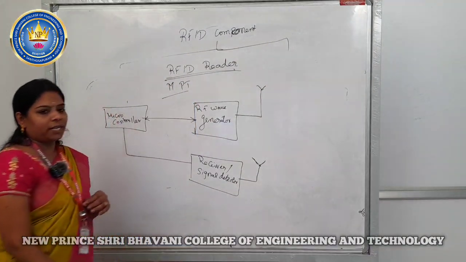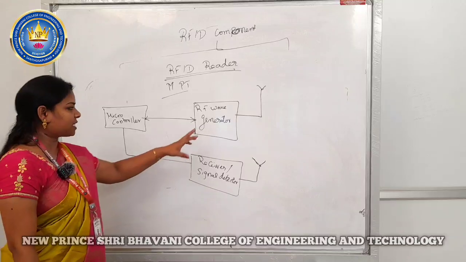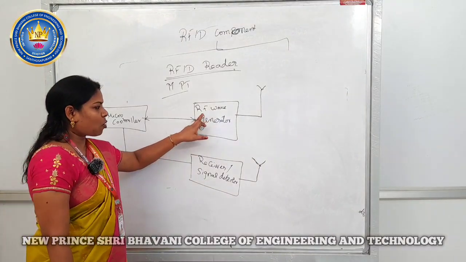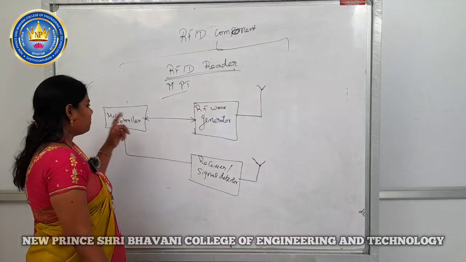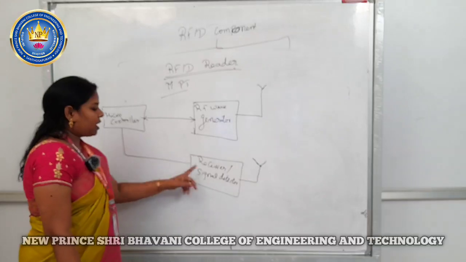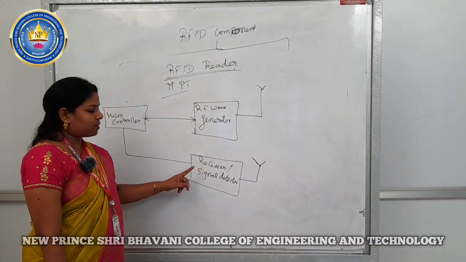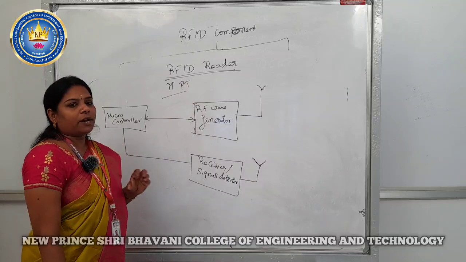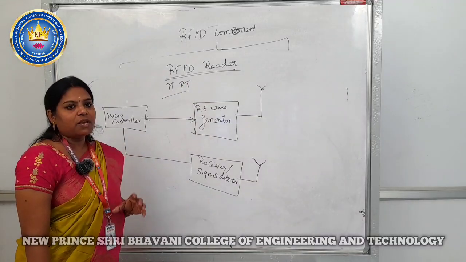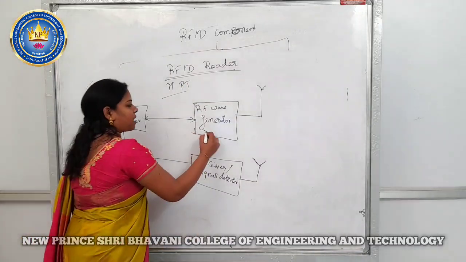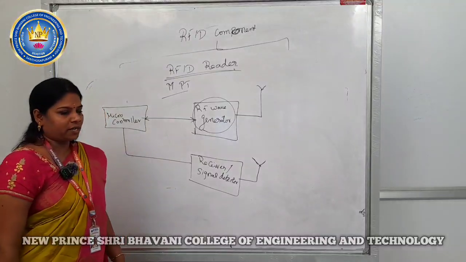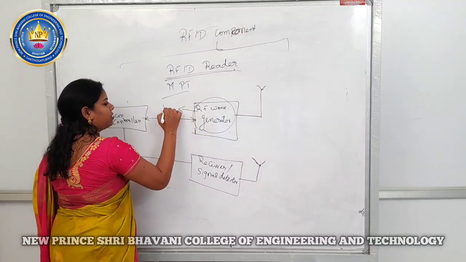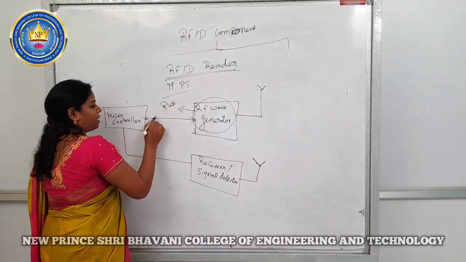So how does the RFID reader work? The major components, as already listed, are the RF wave generator followed by the microcontroller, and another component, the receiver, otherwise the signal detector. The RFID reader continuously generates radio waves, which are generated by the RF wave generator block.